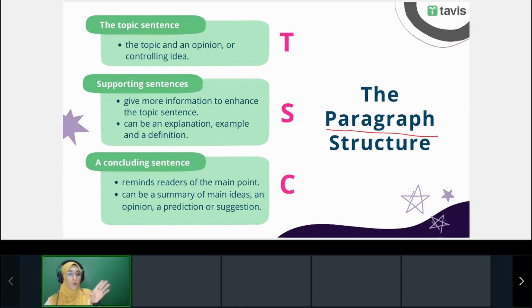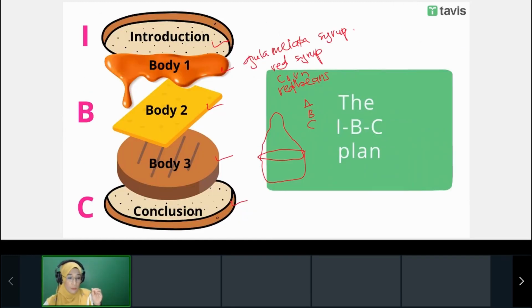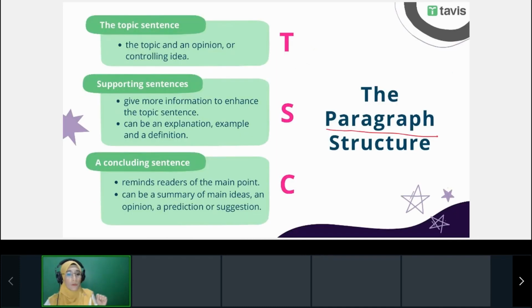And now we are going with the paragraph. Each of the paragraphs. So here, this is one paragraph, this is one paragraph, 2, 3, 4, and 5. So we now know that we have five paragraphs. So for each paragraph, you need to have a structure.